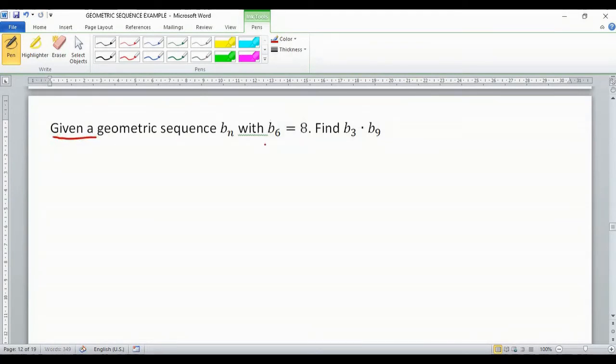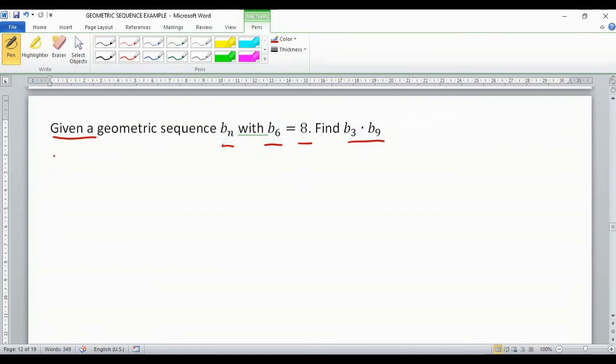Given a geometric sequence b_n with the 6th term equal to 8, you need to find the third term times the ninth term, because we are talking about the middle term.